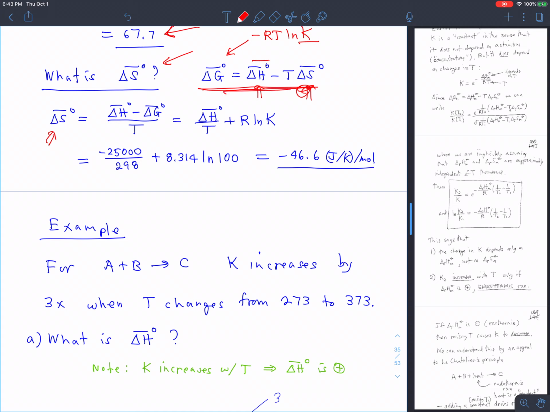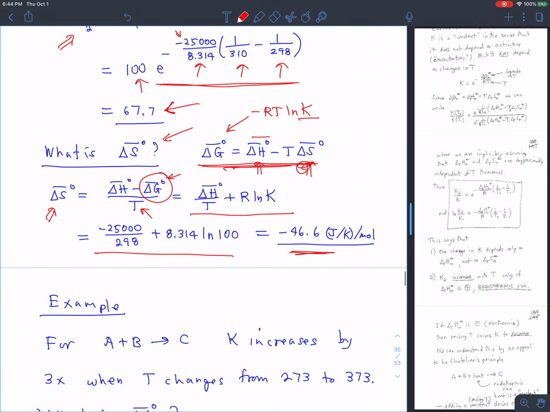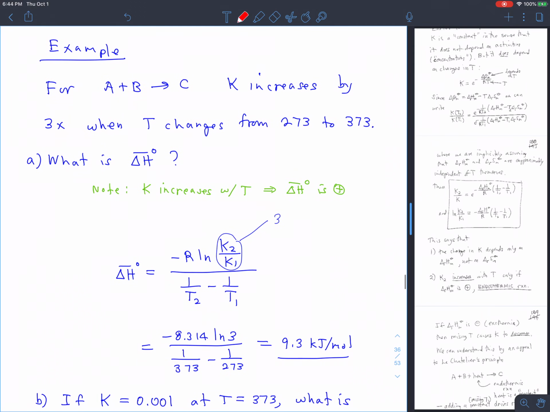I've just solved this for delta S. It's equal to delta H minus delta G0, over T. Then I substitute in minus RT log K for delta G, and that gives delta H over T plus R log K, big K. Plugging numbers in, that gives a delta S of minus 46.6. All right, so that's really just exercising the formulas, nothing earth-shattering or unexpected about any of that.